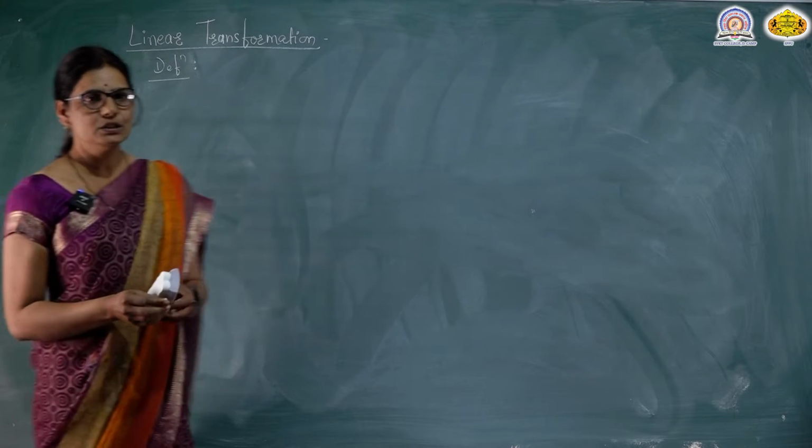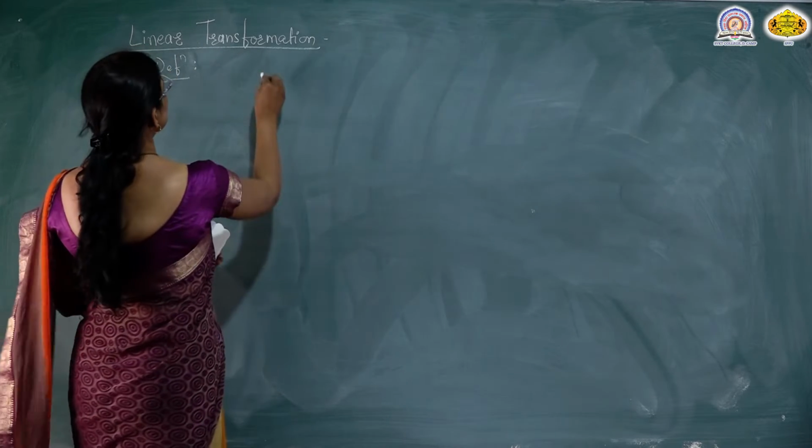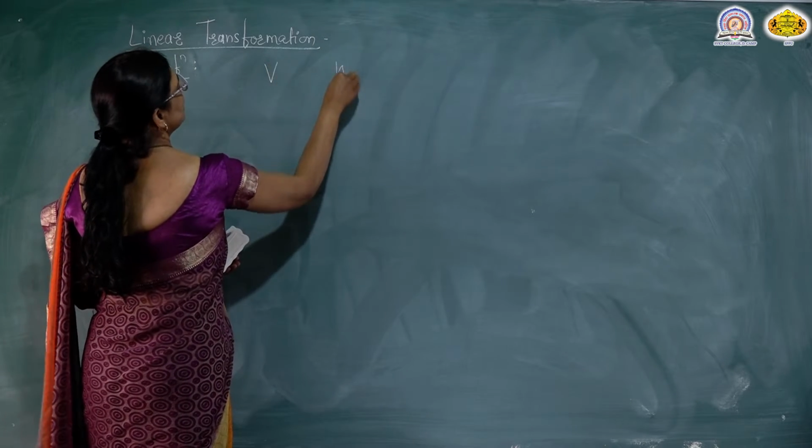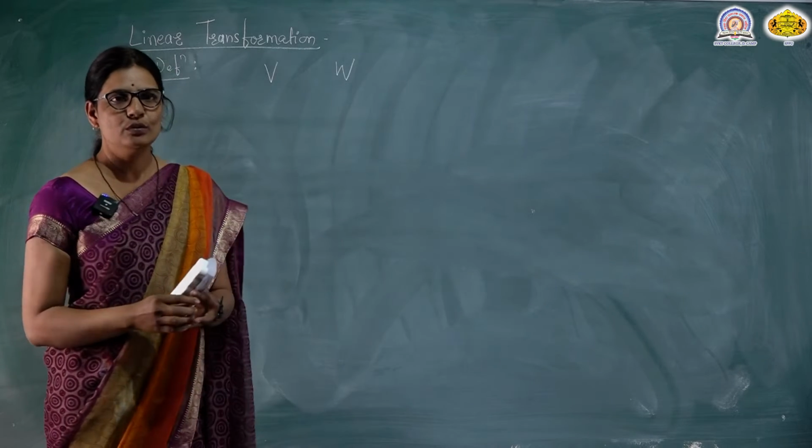So first consider the two vector spaces. Suppose first vector space is V, second vector space is W over some field.